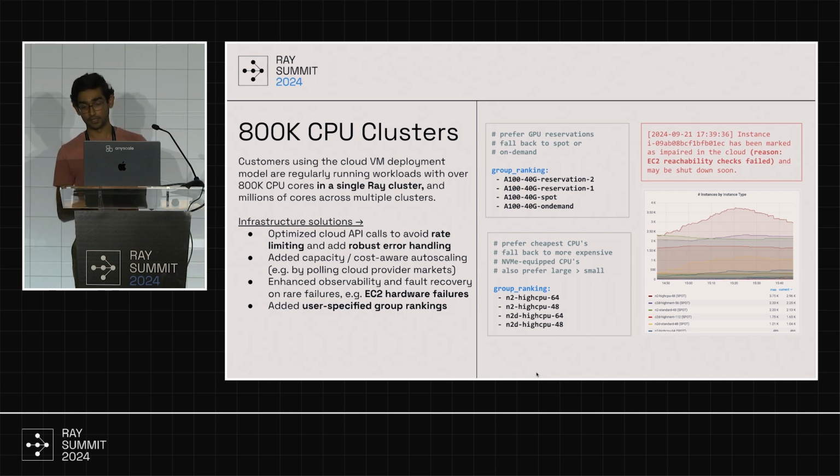We can say, always prefer the standard high CPU options that GCP provides. And when we've exhausted those, fall back to the ones that come with attached disks, which are slightly more expensive, but at this kind of scale, those few extra cents on the dollar won't really make a difference. So they want to fall back to those other instance types.